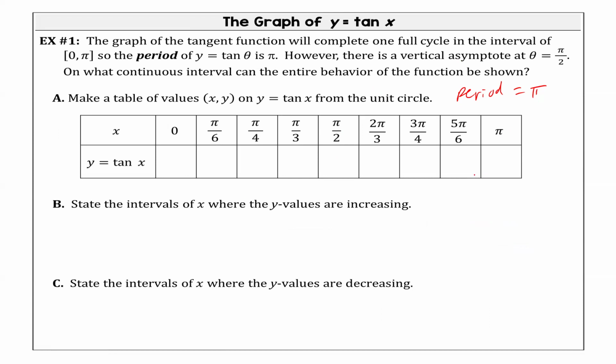So when we're looking at determining what is the tangent of each point, if you have your unit circle out, essentially what we're doing is going around and doing y divided by x at our key points. Does that make sense? So from 0 to pi, we're doing y divided by x to determine our tangent value. Okay, so you pull out your unit circle.